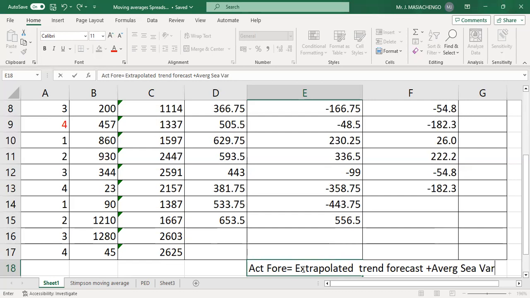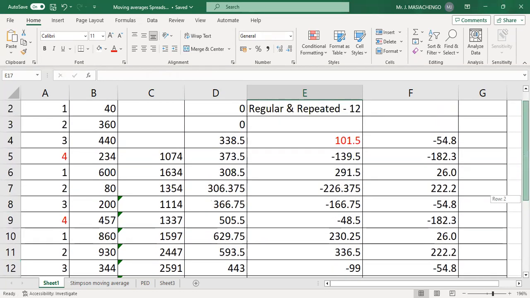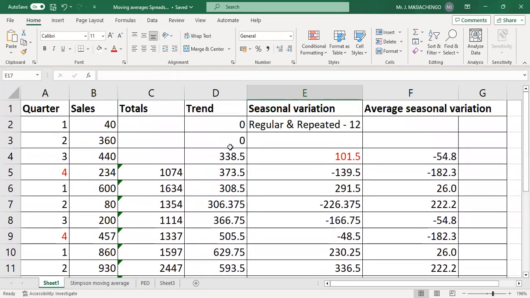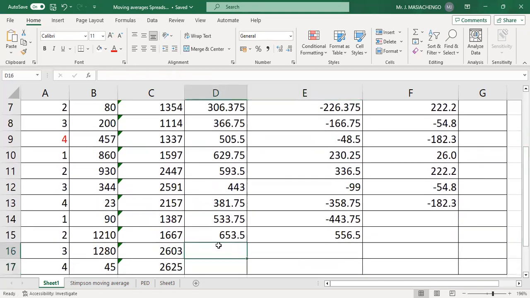So if you then want to forecast, let's say the actual forecast for Q4, we extrapolate. Remember, when we are extrapolating, we are going to use our trend. This is our trend.